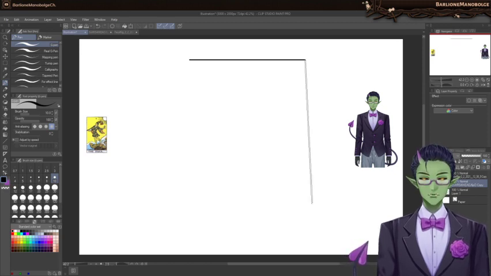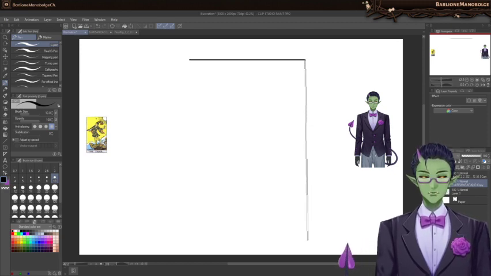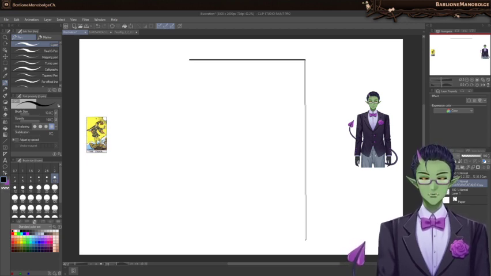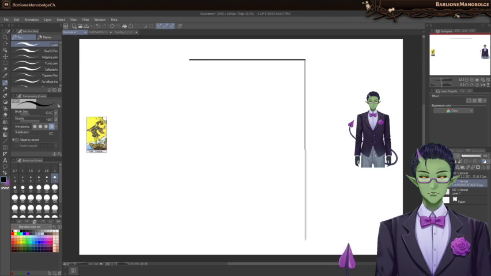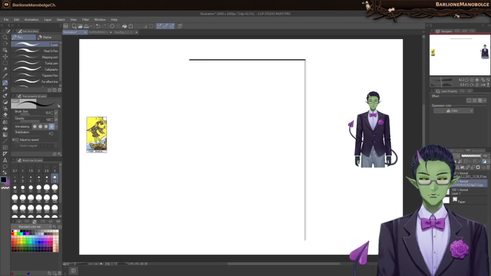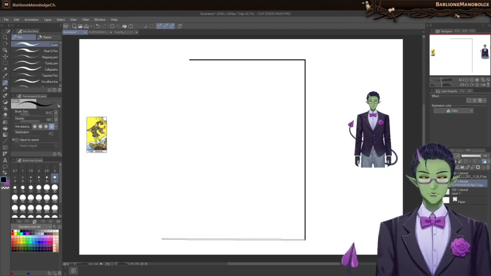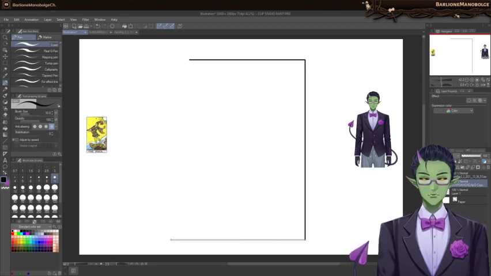There's probably some tool in CSP for creating shapes. I don't know how to find it. I'm just going to... Now here's where I run into a problem. I suppose if I just make it longer, I can erase the excess.